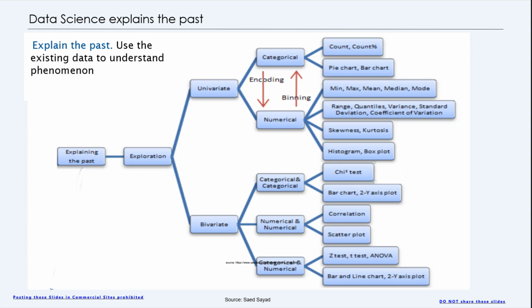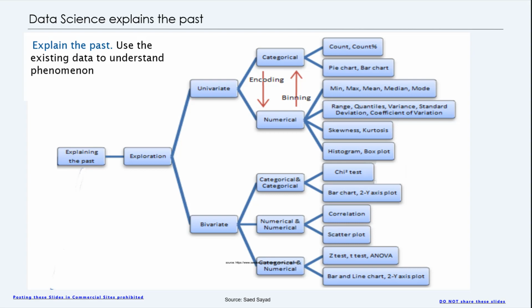Data science explains the past. Explaining the past means using the existing data to understand the phenomena. So explaining the past means that you explore, whether in a univariate, one variable, or multivariable setting, and the data can be put into categorical and numerical, and within those you can look at various statistics like max, mean, median, and so on.